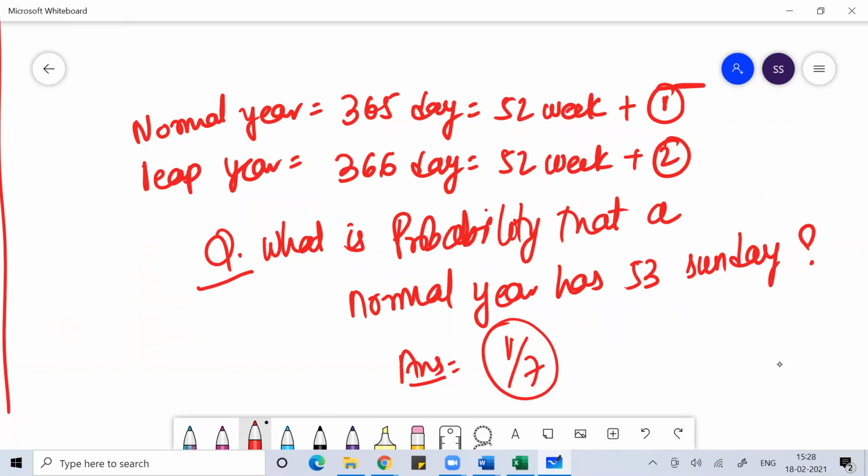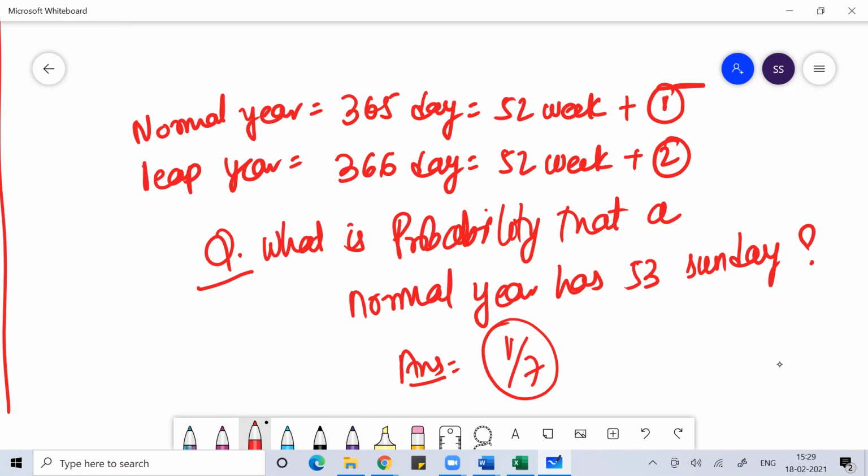So in the case of a normal year, you have 52 Sundays, 52 Mondays, 52 Tuesdays, 52 Fridays, 52 Wednesdays, 52 Saturdays. 52s are coming, but I want 53 Sundays. It means that the day which is extra should be Sunday. Then only can I get 53 Sundays.